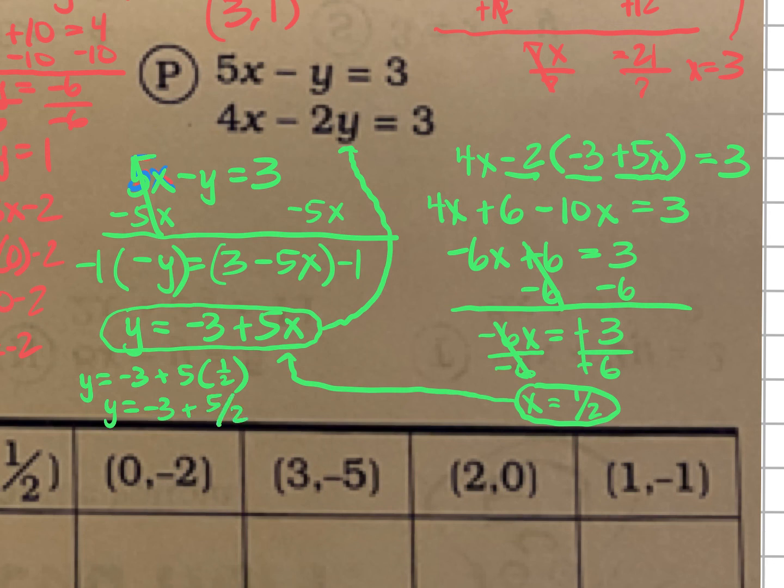Now I've got to change them into fractions. So y equals negative 3, if I turn that into halves, is negative 6 halves plus 5 halves, so y is negative 1/2. So we got x is 1/2, y is negative 1/2.